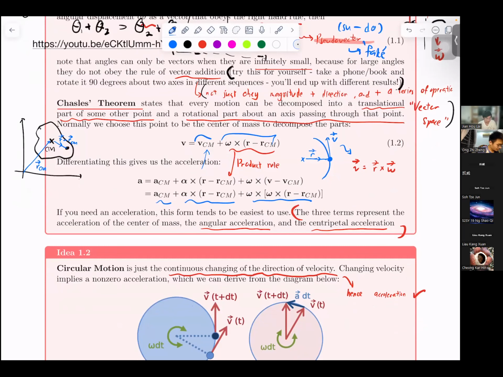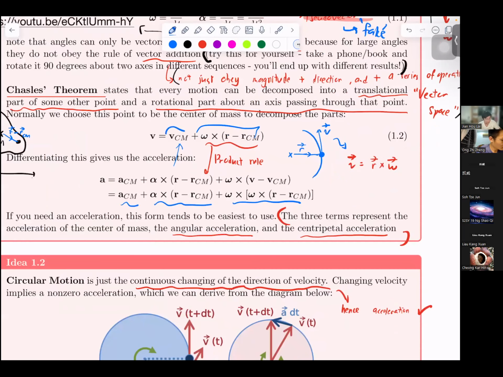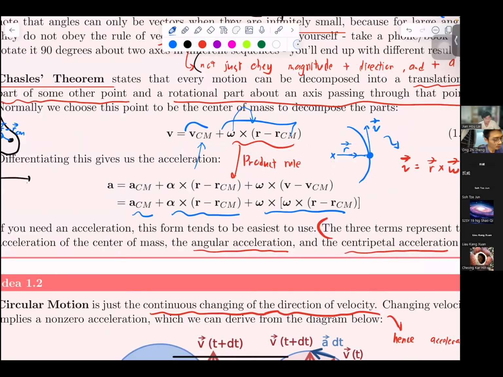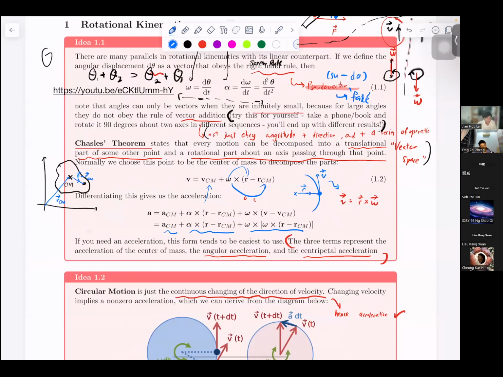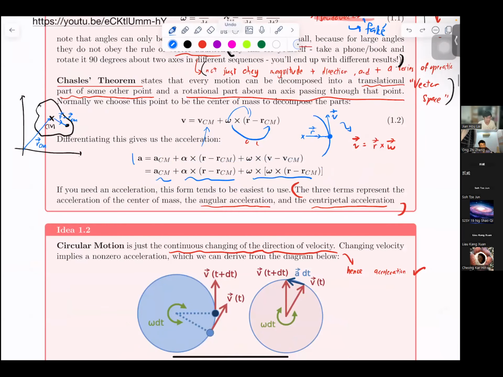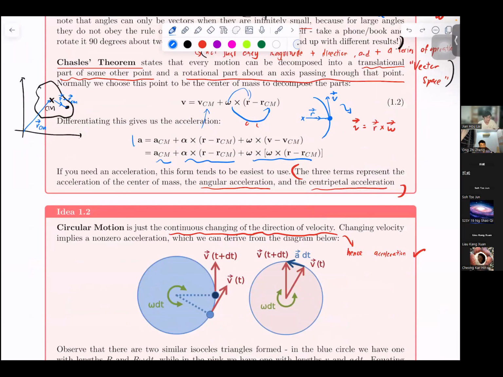Okay. So you apply the product rule and multiply it out, and you precisely find that there will be three terms. Actually, not angular velocity, it is acceleration.